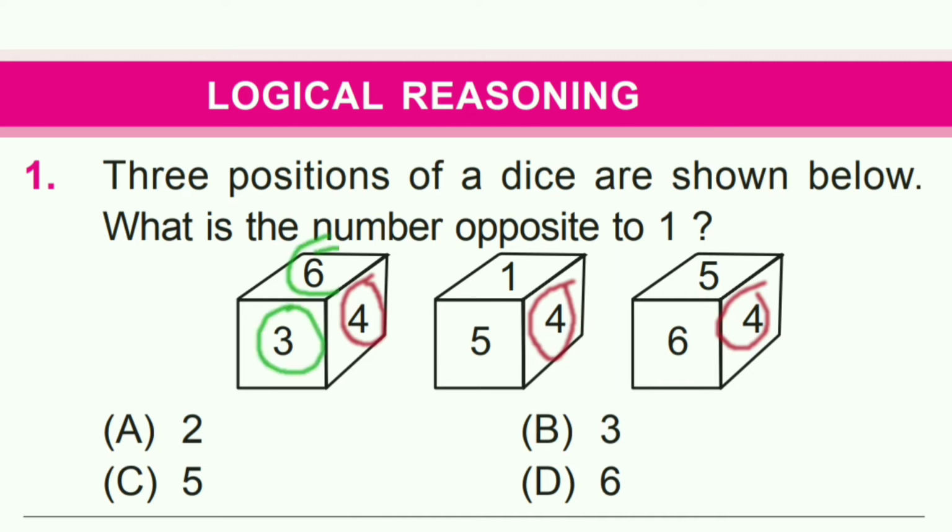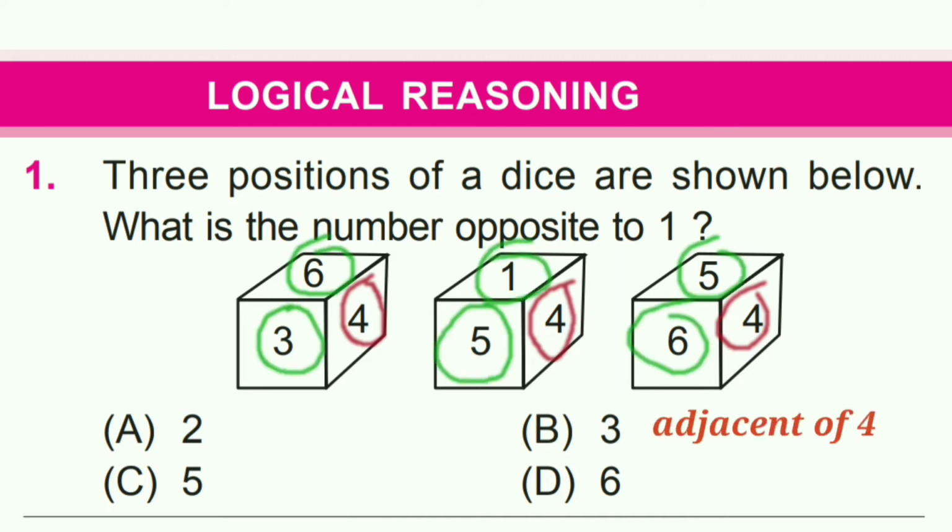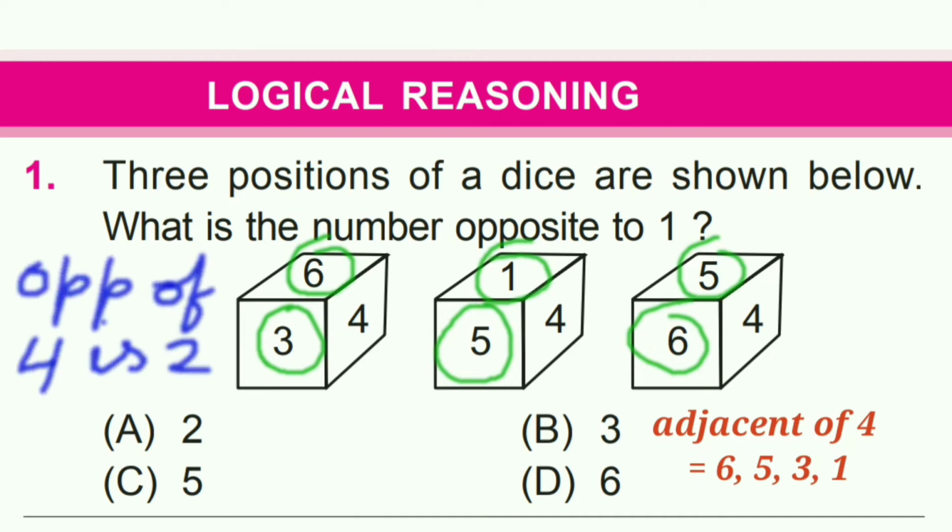Adjacent of 4 clearly seen: these are 6, 3, 1, 5. If these 4 numbers are adjacent to 4, then out of 6 numbers, the remaining is 2. 2 is opposite of 4.